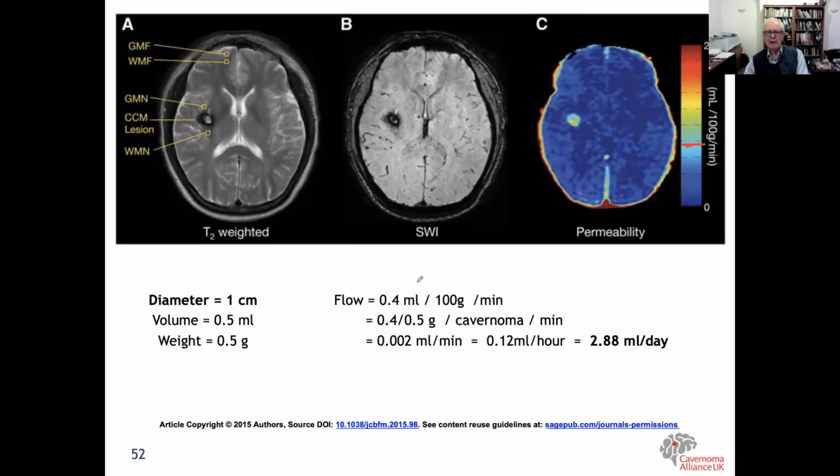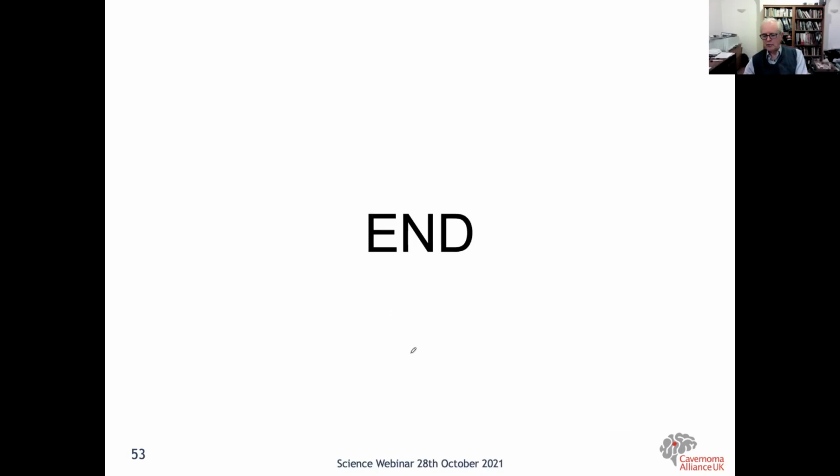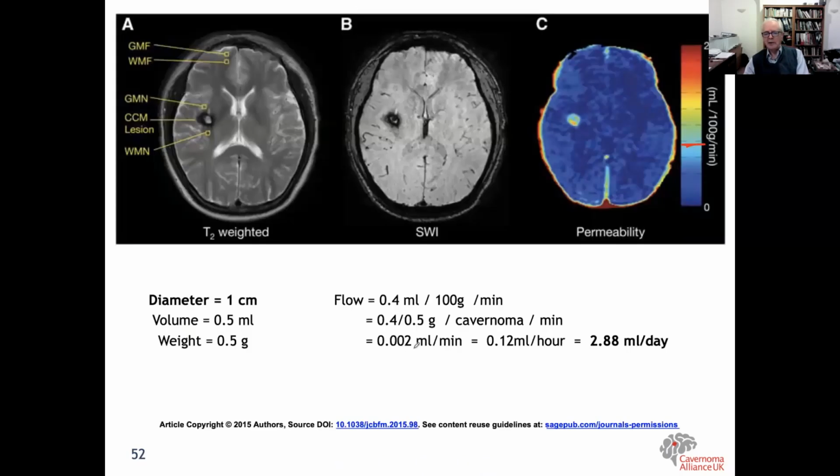And if we convert that, the flow is 0.4 milliliters per 100 grams, that's 0.4 divided by 0.5 grams for this cavernoma. And that, you can work it out if you wish later, is around 2 thousandths of a milliliter per minute. That's a tenth of a milliliter per hour, and roughly speaking 3 milliliters a day.